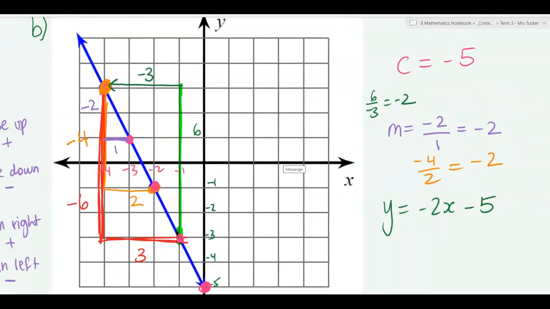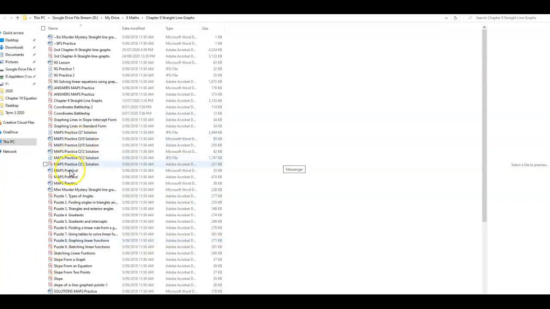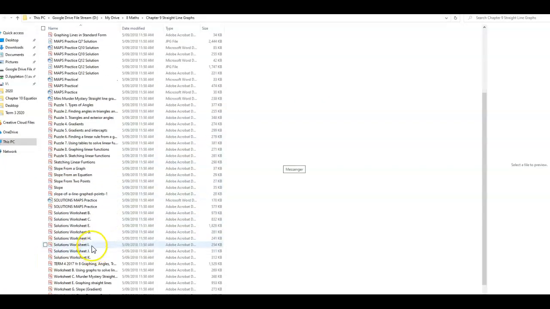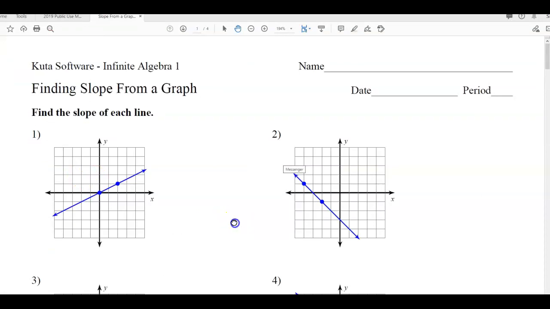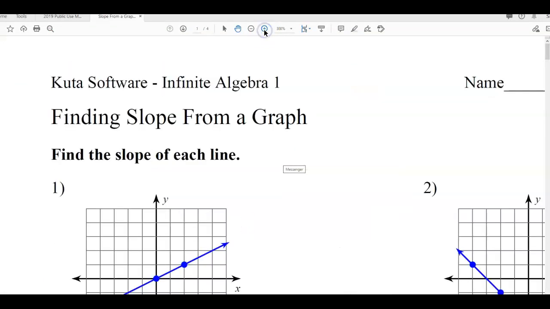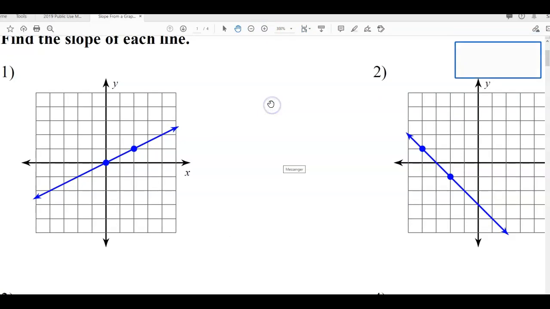All right, let's put a couple of these up because I think it would be good to practice slope from a graph. Okay, there are two graphs here.